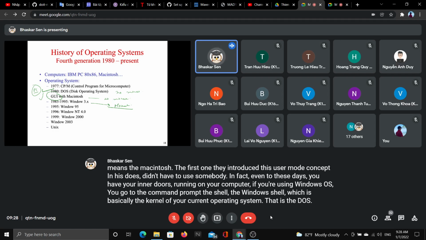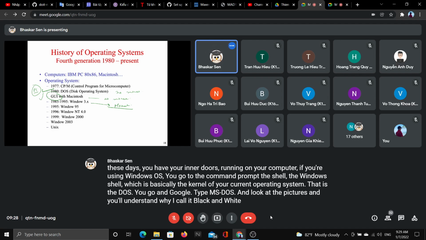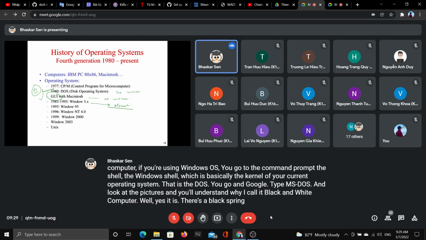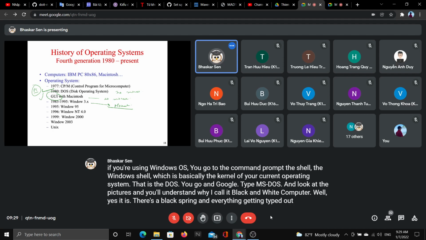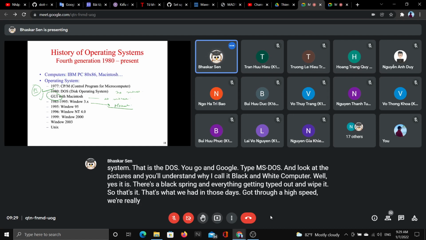You go and Google, type MS-DOS, and look at the pictures, and you will understand why I call it a black and white computer. Well, yes, it is. There's a black screen and everything gets typed out in white letters. That's what we had in those days. But they were high speed, really high speed computers.